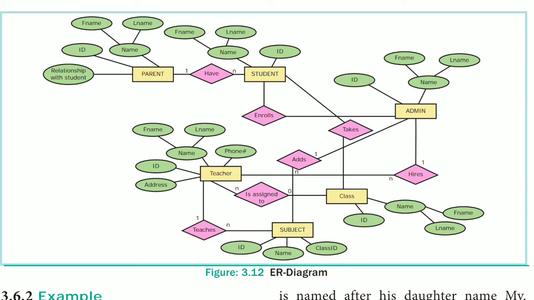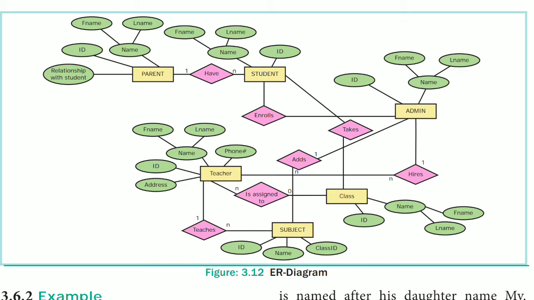Here they have given one example ER diagram. You can see that the main entities, in the yellow boxes, are parents, students, admin, class, subject, and teachers. These are all the main or strong entities in this database.